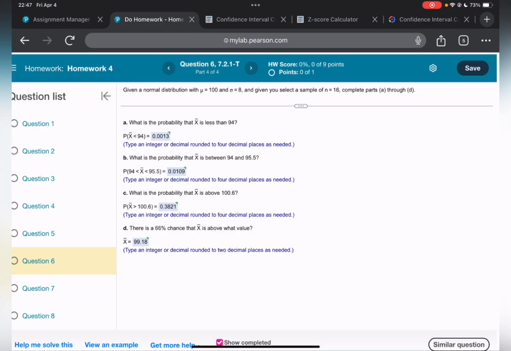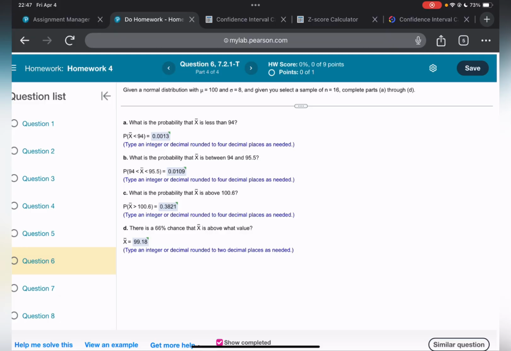Excuse me. So let's see what we are doing here. Again, normal distribution. Mu, the average, is 100, and sigma, the standard deviation, is 8.